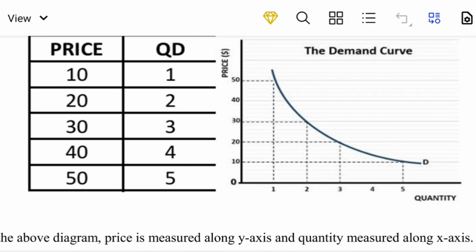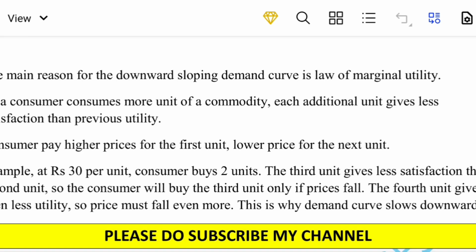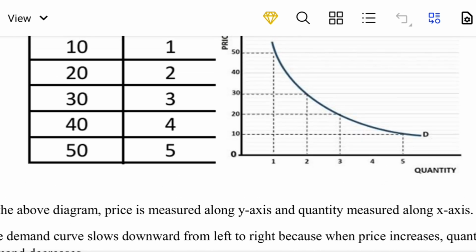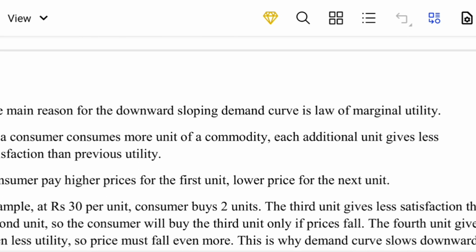Even though the satisfaction is less, the consumer is purchasing the second unit because the price drops from 50 to 30. So the consumer will buy the third unit only if the price falls. When the price drops from 30 to 20, the consumer purchases the third commodity.